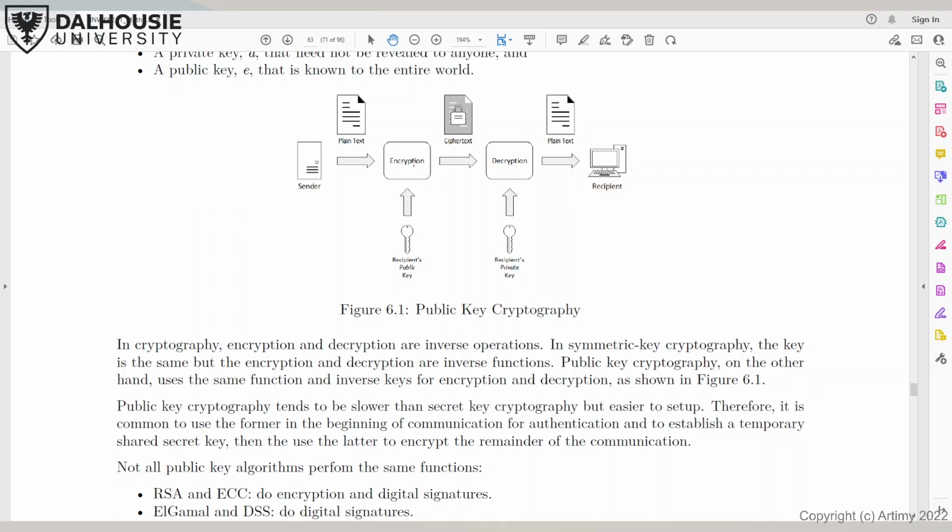It's about 1,000 times slower in some estimates. So imagine if you are encrypting a document and it takes DES 1 second to do it, then it will take 1,000 seconds with public key cryptography. That actually limits the use of public key cryptography.